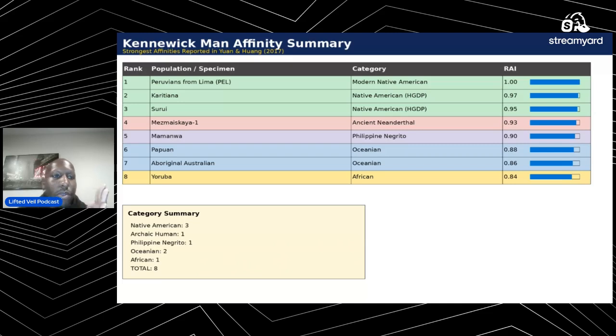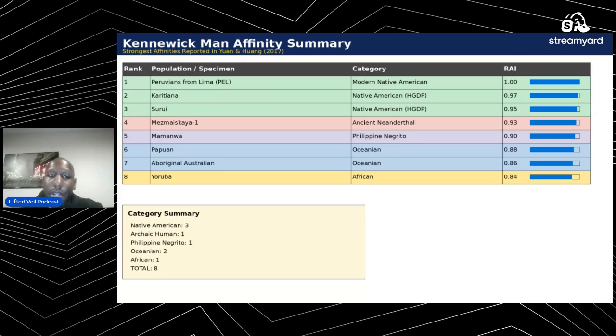All right. So one of the most important things that I want to point out here is particularly the Kiritiana and the Surai. They keep popping up in these ancient studies. And if anybody can remember the Australian signal study, the Y population signal study, they popped up in that study as well. Having an Australian signal that wasn't present upstream in Central America, wasn't present in, was it Mexico?